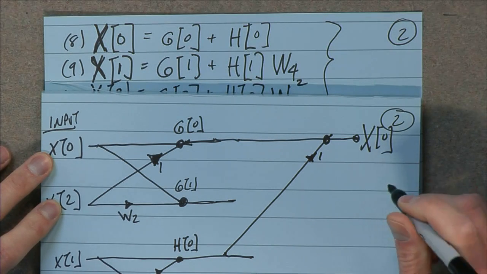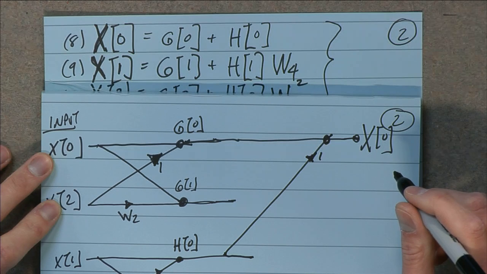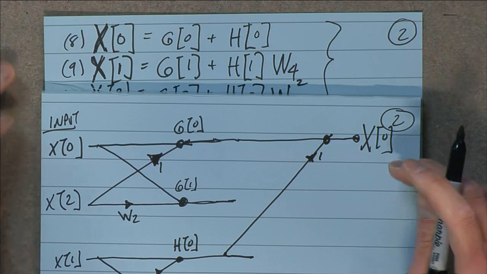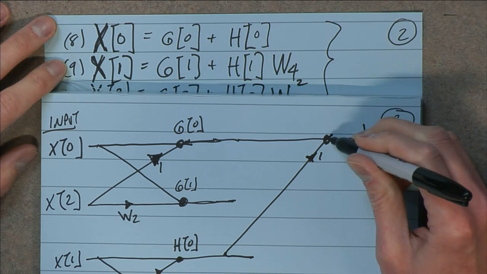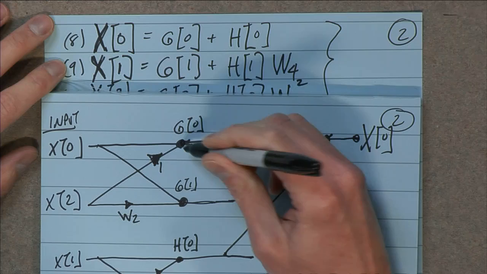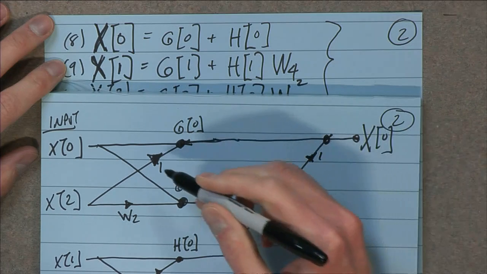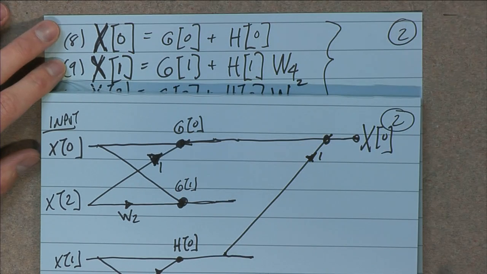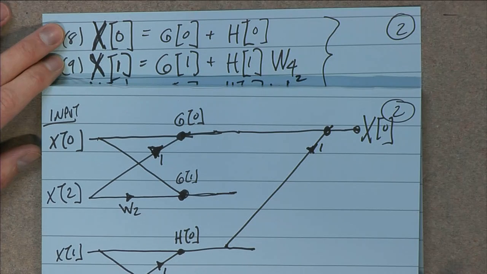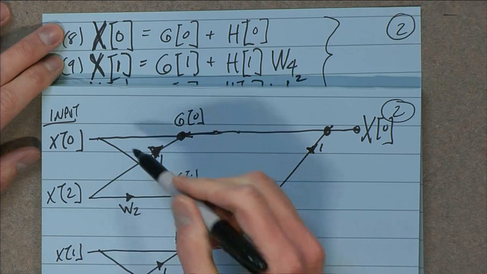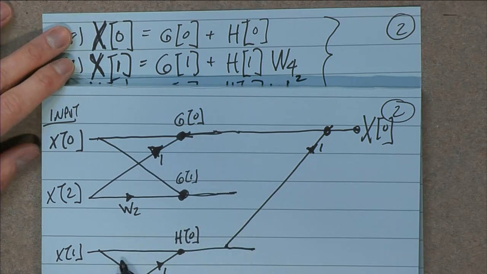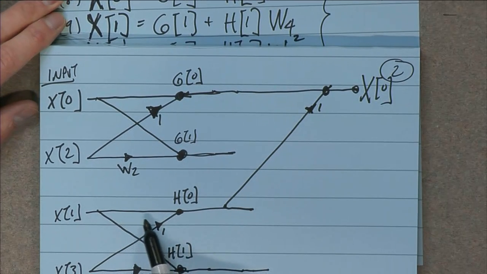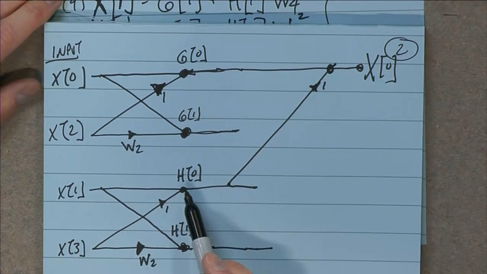How are we adding X1 to X0 to get the output at 0? These dots are where things are being added, and these triangles, which hopefully are legible, not really, but they're close, are weights.